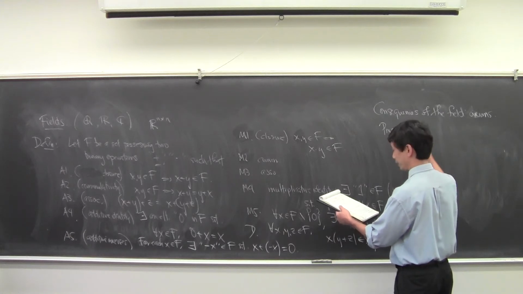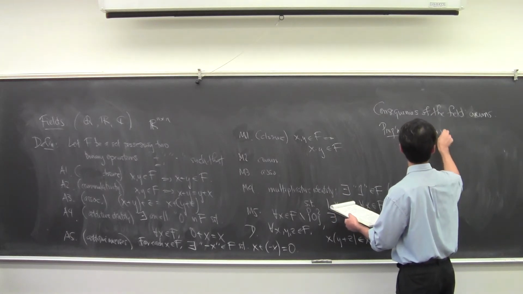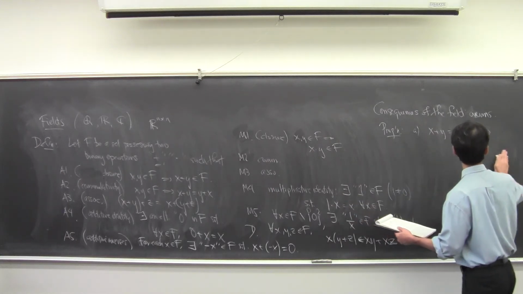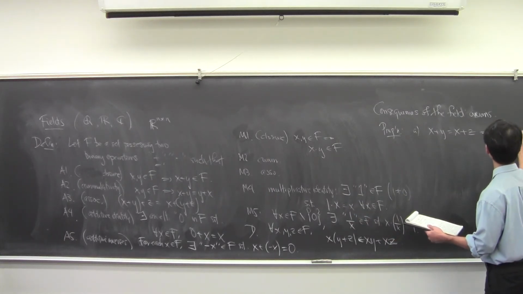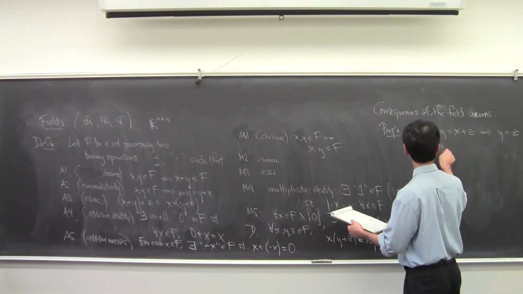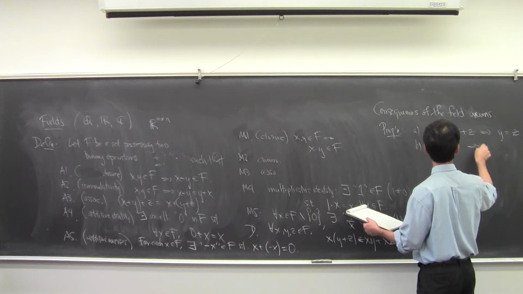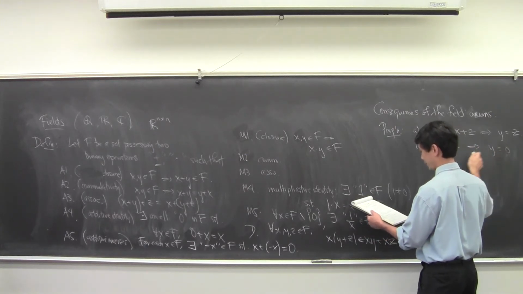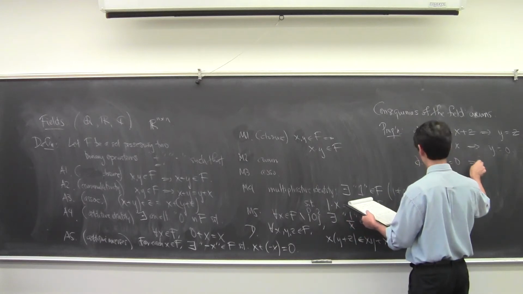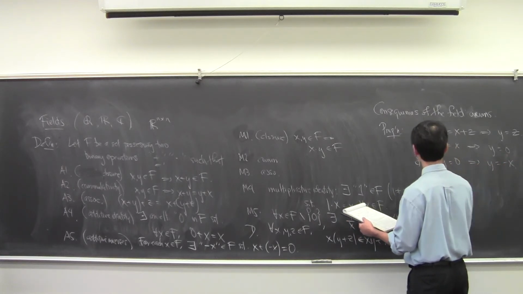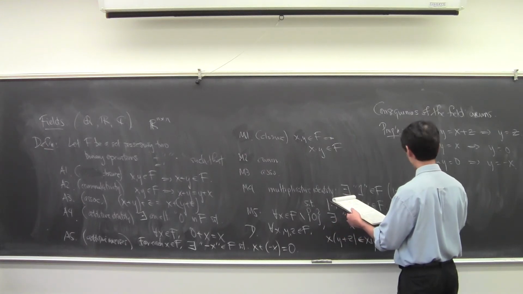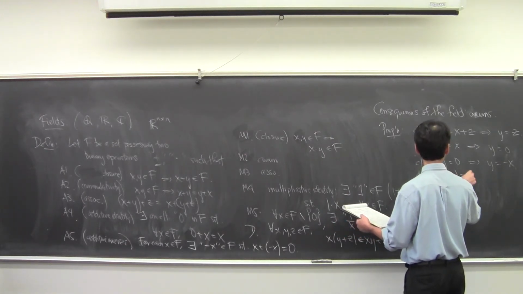There'll be 4 parts to this. First, x plus y equals x plus z implies that y equals z. Second, x plus y equals x implies that y equals 0. Number 3, x plus y equals 0 implies y equals negative x. And 4, negative negative x has to equal x.